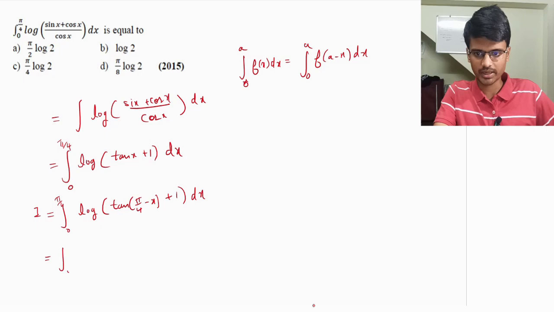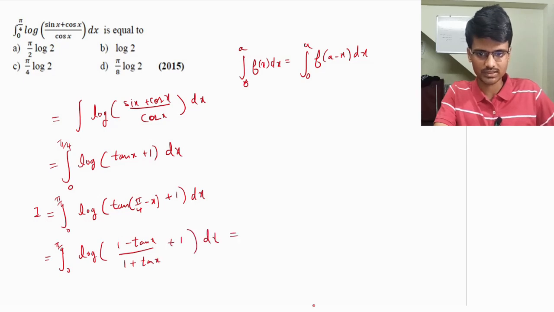On expanding this, I get the integral from 0 to pi by 4 of log of (1 minus tan x) by (1 plus tan x) plus 1 dx.